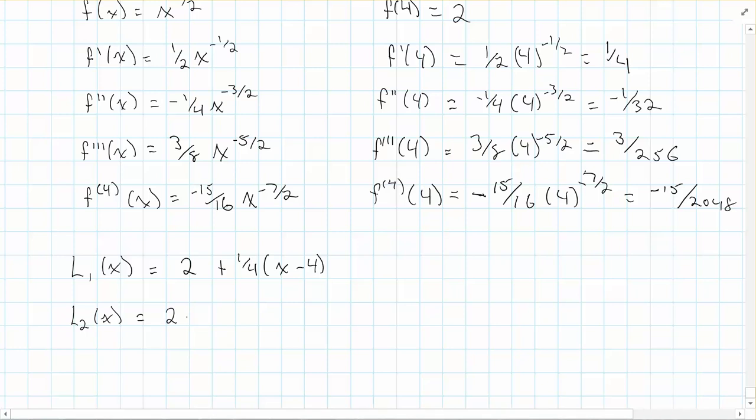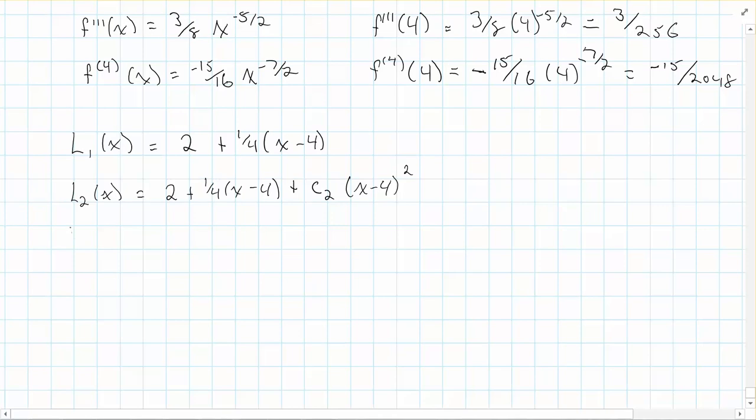This was going to be 2 plus 1/4 x minus 4 plus, and I'm going to write this as C2 because it's the constant dealing with the second derivative, times x minus 4 squared. And so if I look here, L2 prime at x is 1/4 plus 2C2 x minus 4.